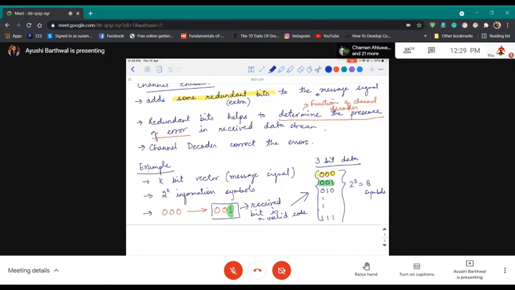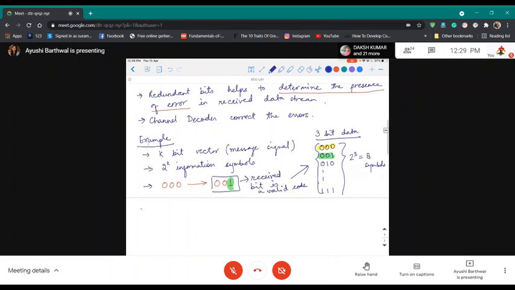The receiver will say that the received message signal does not have any error. Right? So in this way, when we are not adding any extra bits, the receiver is not able to find any error that is present in your transmitted signal.